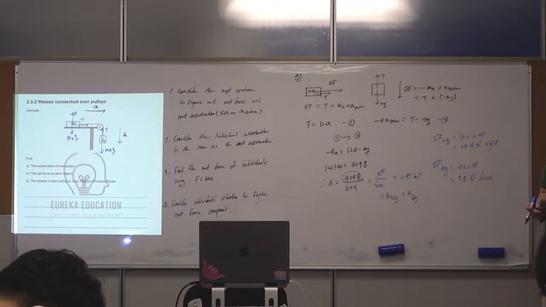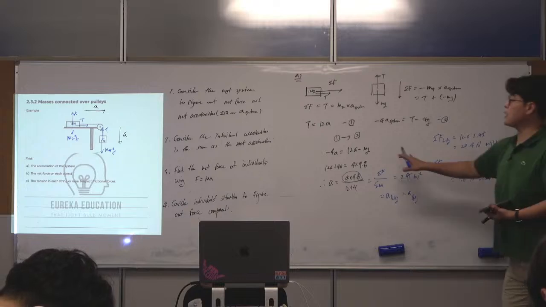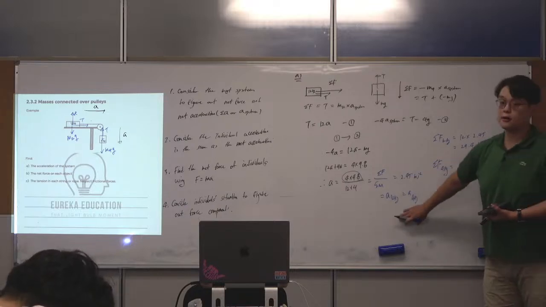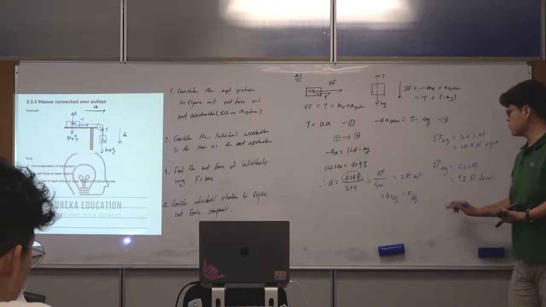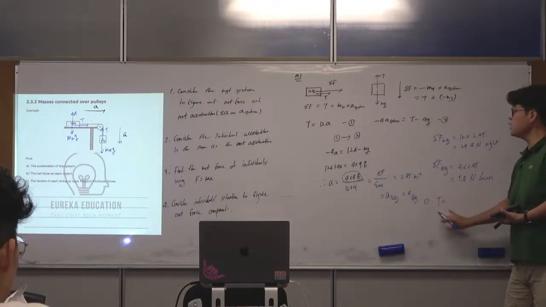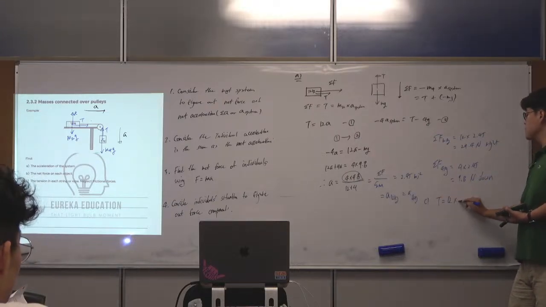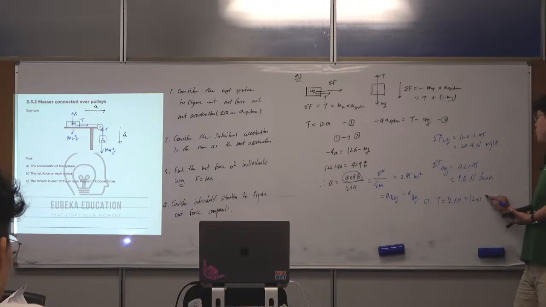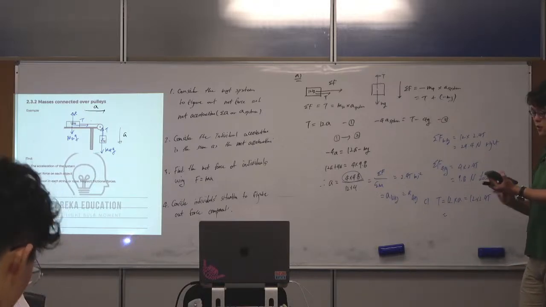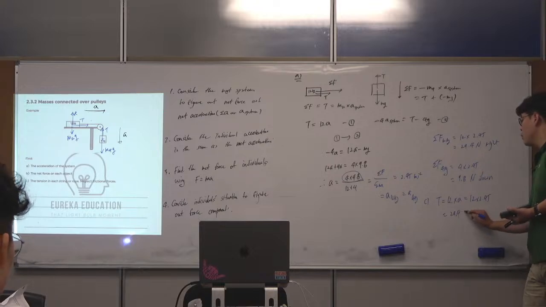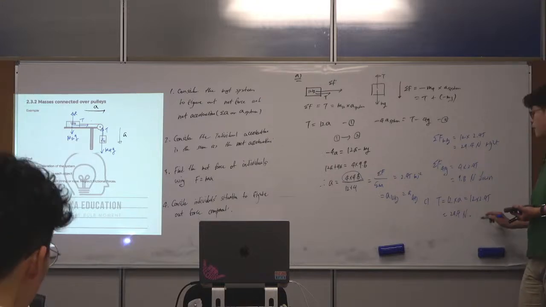Then let's find the tension force. You can use either of those here. As soon as we get the acceleration, you can use equation 1 to find the tension force. Question C: T is equal to 12 times acceleration, which is 12 times 2.45. So you get 29.4 newtons in both directions.